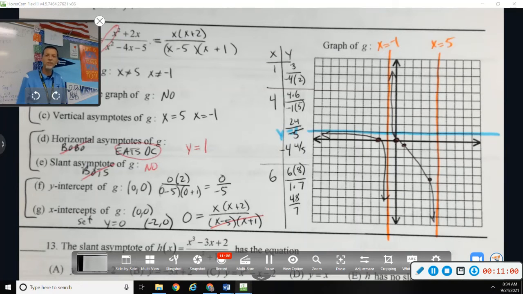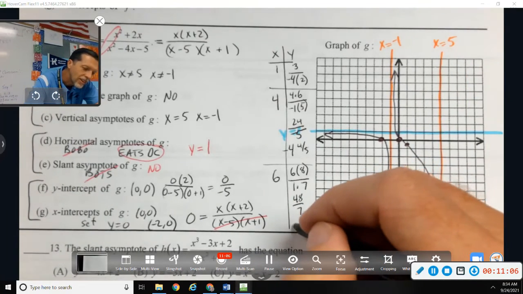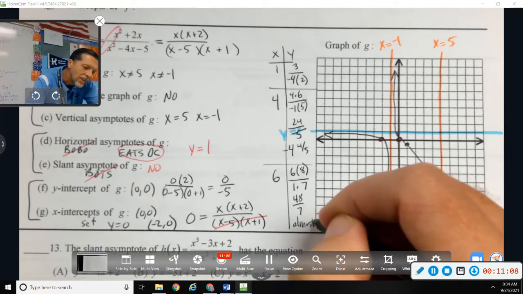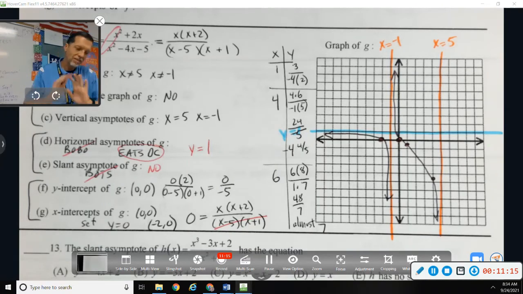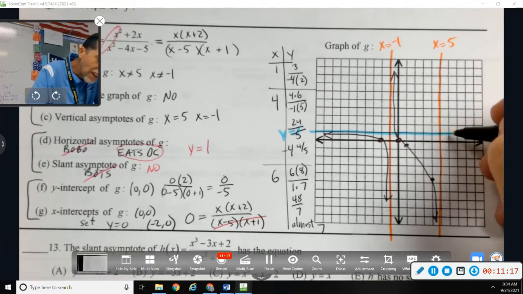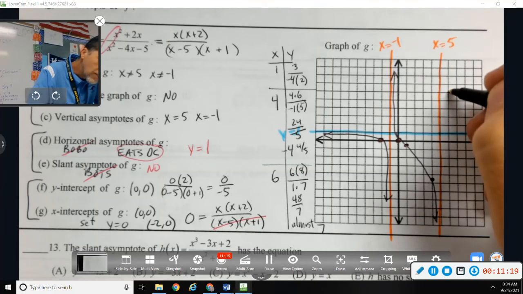What's it almost equal to? 7. Yeah, it's almost 7. And for a graph, that's going to be good enough. When you first learned 48 over 7, you could not have gotten away with saying, oh, it's almost 7. But for this, it's fine. 1, 2, 3, 4, 5, 6, almost 7.